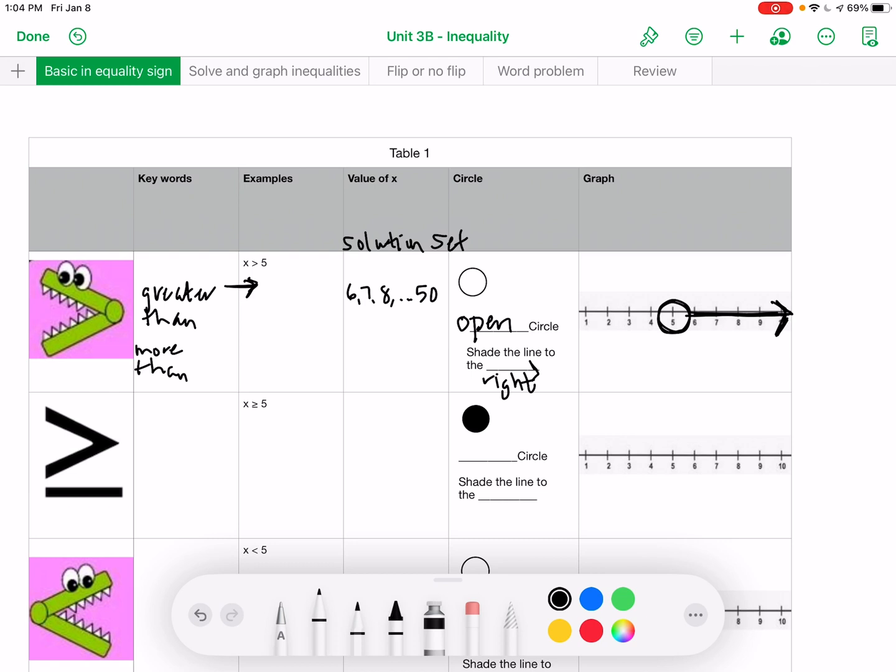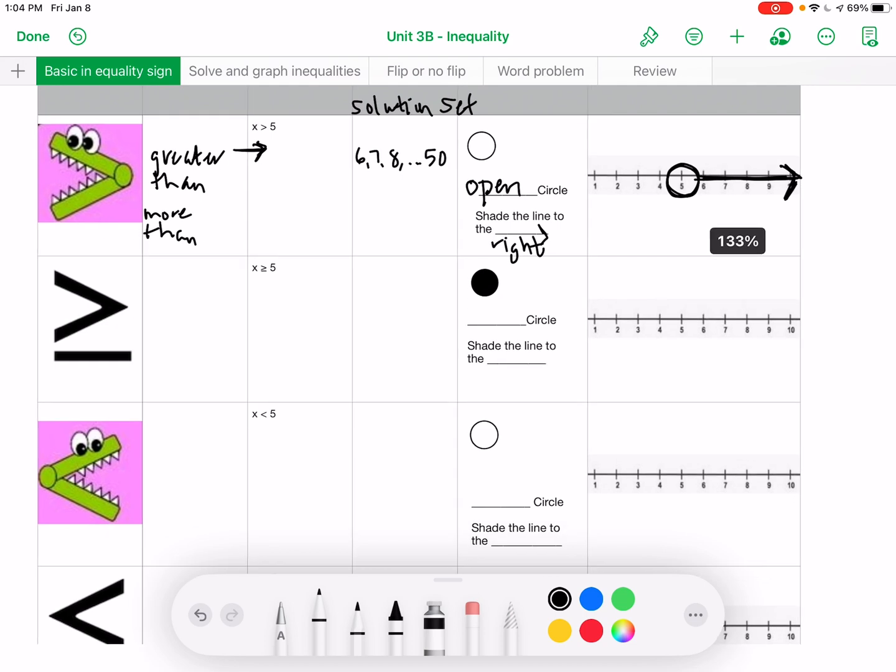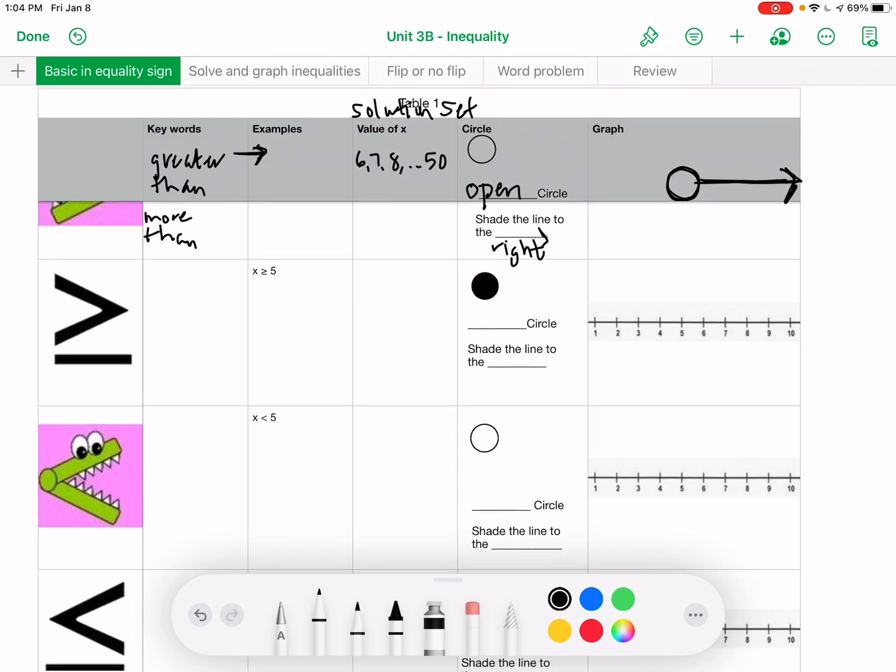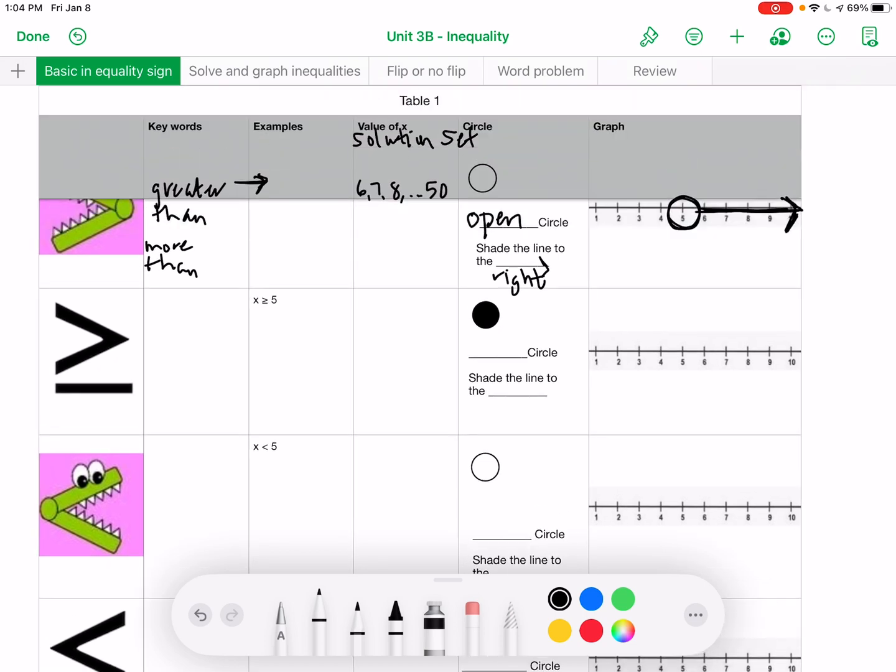Our next one, greater than or equal to. You could also have or more. It could be or more.